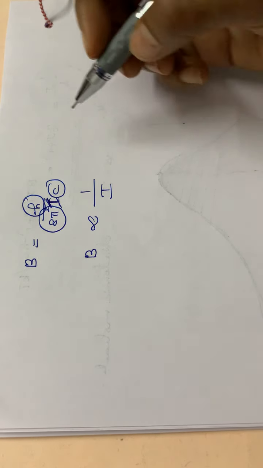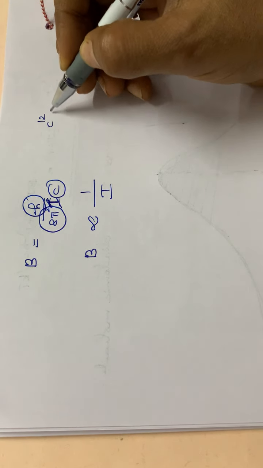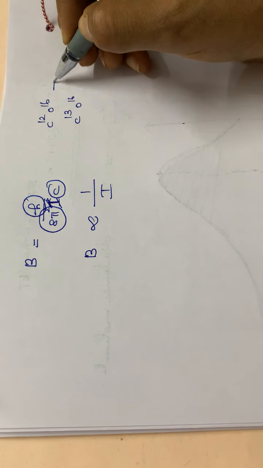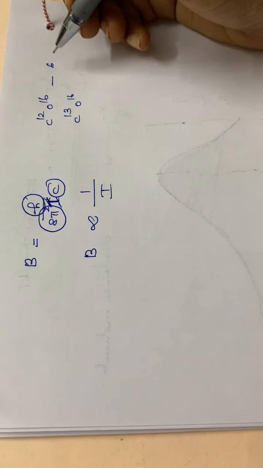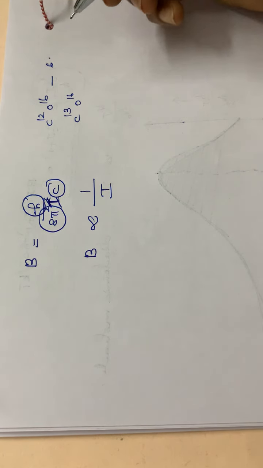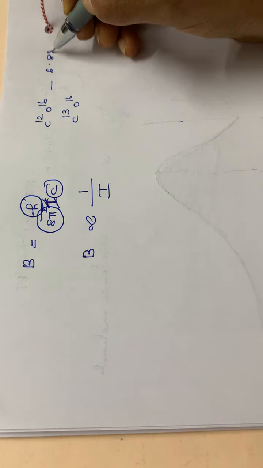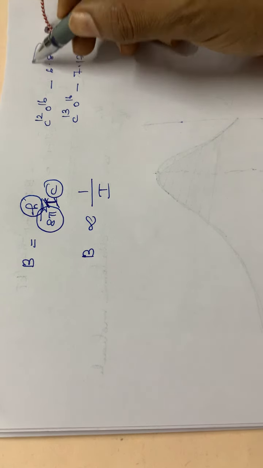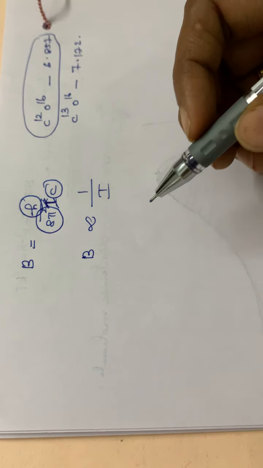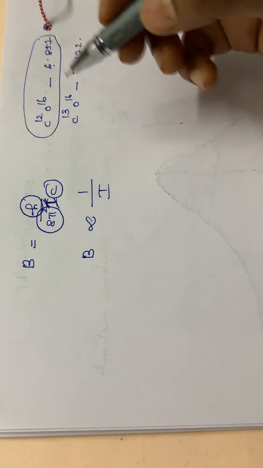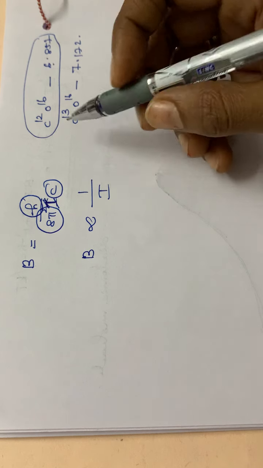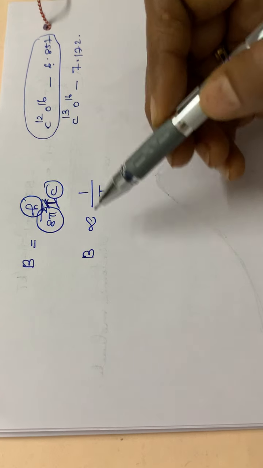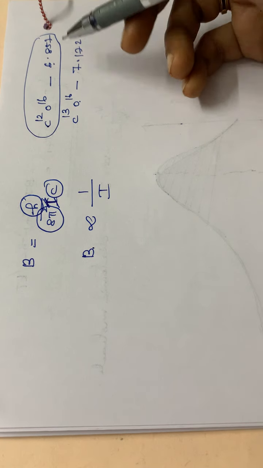So here we obtained two values for C12 and C13 carbon monoxides. For C12 it is 6.857, and for C13 it is 7.172. So for C12 the I value is lower. Then what about the rotational constant B for C12? It will be greater than for C13.